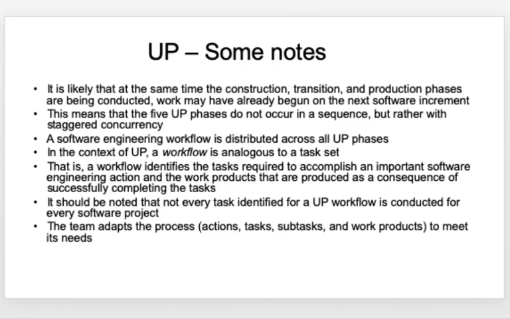If you look at the unified process model, here are some summary notes. The software engineering workflow is distributed across all phases. You have workflow, which is analogous to a task set. The team will adapt the process to meet its needs.